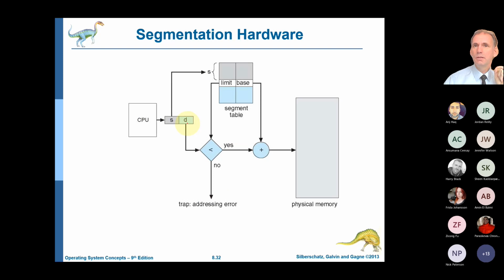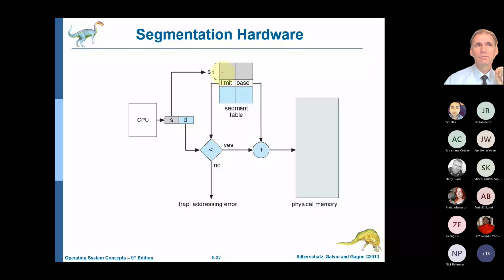And there's the location within that segment. So as before, we make sure that it's within that segment. If it's not, we have an error. But we also have the segment going to our segment table to say, is that even our segment? And if the segment isn't, we have another error and we trap that as usual.